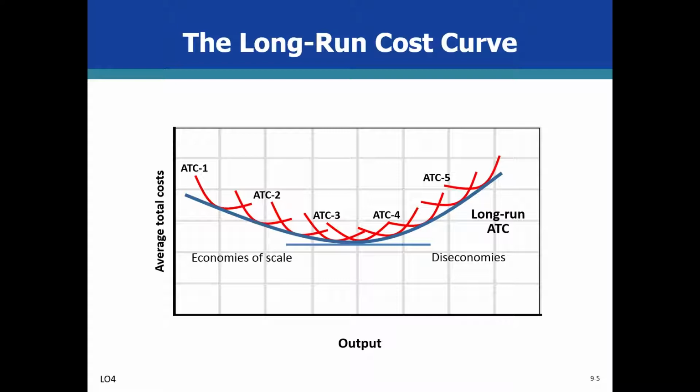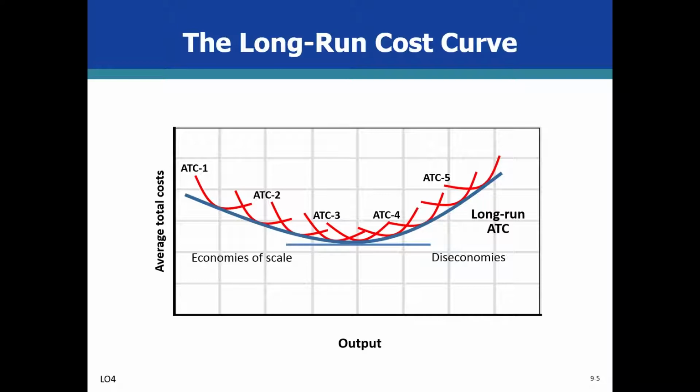So here you can see that at each one of these various plant sizes that you can configure in the long run, there is a low point on the average total cost curve. But there is only one configuration that leads to the lowest average total cost of all of the configurations.